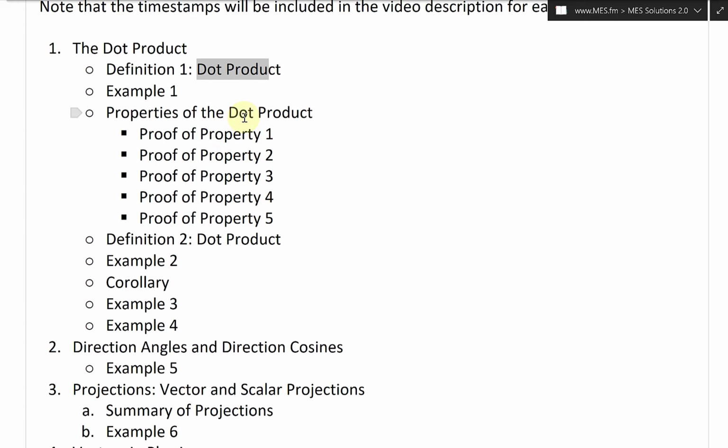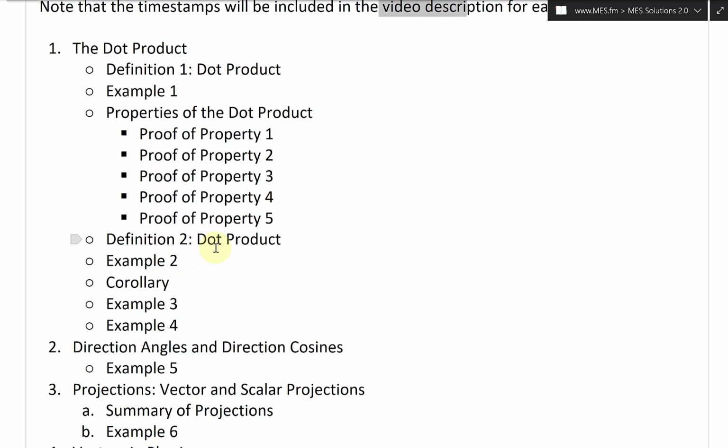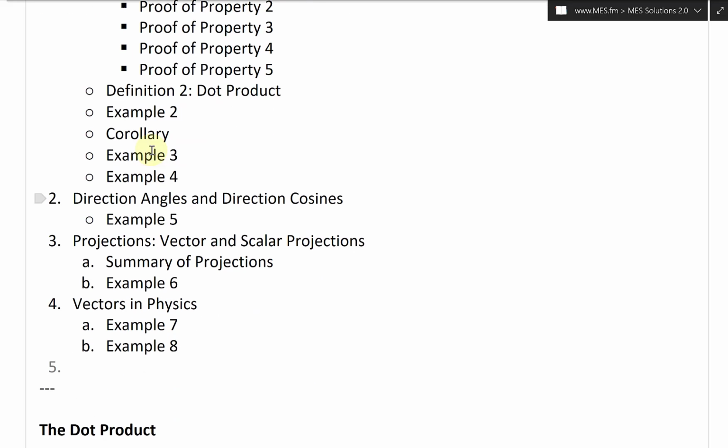Then go over properties of the dot product, with proof of property 1, proof of property 2, proof of property 3, proof of property 4, and proof of property 5, etc. I'm listing all this because I'll put this in the description with timestamps to every single section. Then definition 2, dot product, example 2, a corollary, then example 3, example 4, and then direction angles and direction cosines.